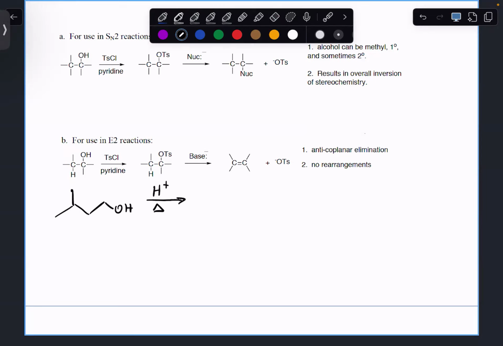Remember, the acid is just going to protonate the alcohol and it's going to leave. Remember, all dehydrations are E1 mechanism. So you would end up making a carbocation that initially looks like that. What is that going to do?